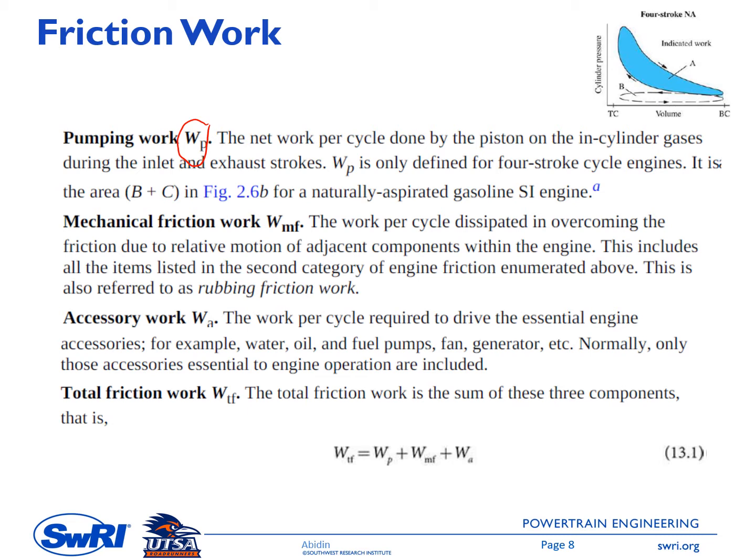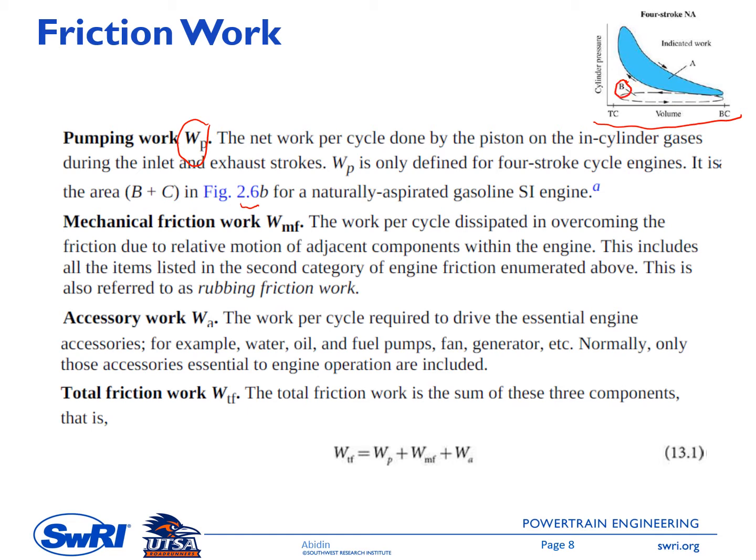And this WP, the pumping work, is only defined for a 4-stroke cycle engine. It is the area B in figure 2.6, in chapter 2, and I copied the figure on the top right of this slide. And you can see in here that the pumping work is denoted by B, okay.